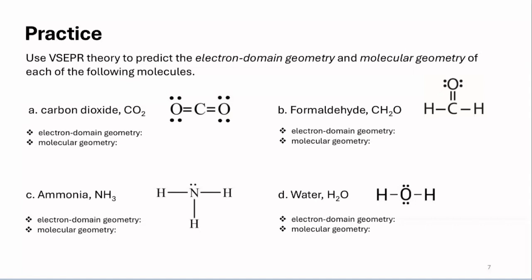I'm going to do all the examples that we have on slide 7. As we can observe, in the molecule carbon dioxide, CO2, my carbon atom has a double bond and a double bond. That means that it has two electron domains.